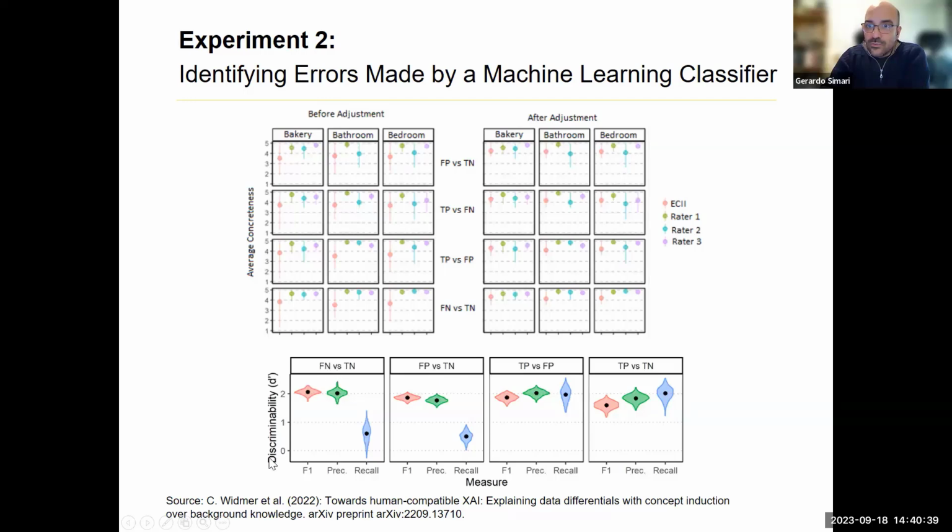They also looked at discriminability, essentially trying to see if there was a difference in performance given the explanations, and this is based on choosing the one that maximized F1 or precision or recall. So you can see that there's a pretty important difference between the different tasks.